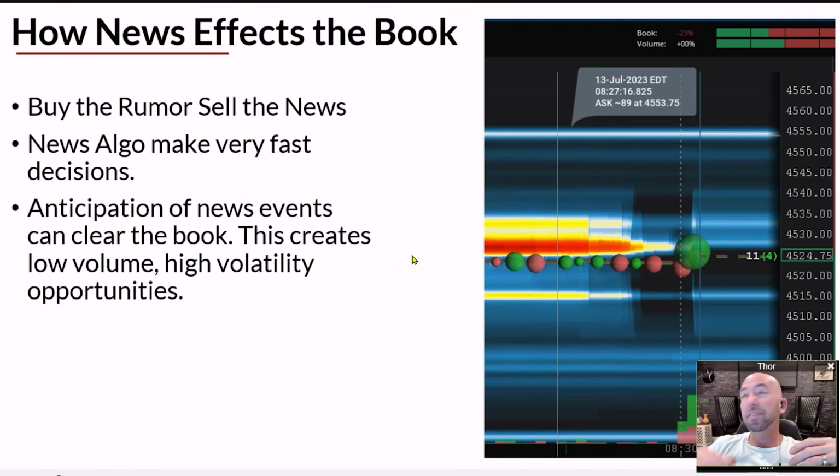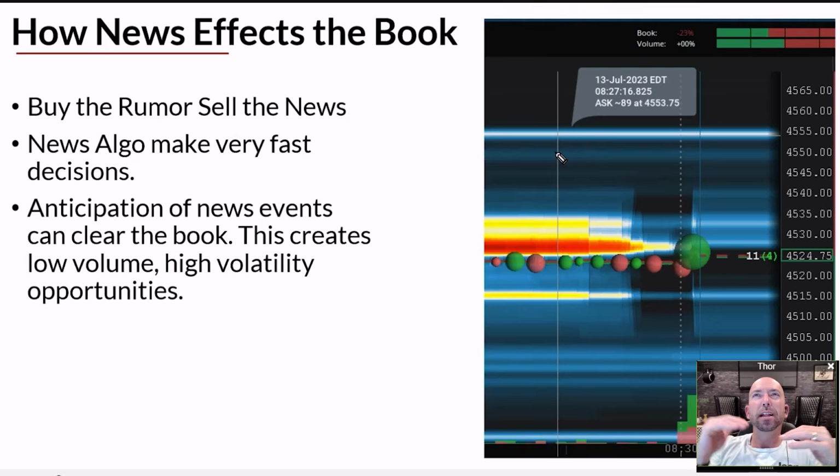I wanted to point this out for everybody, especially those who play the open. News really affects the order book a lot, and I want to show you what I mean by that. When I talk about market makers and value, one of the first things a lot of people think is that market makers have specific prices they're moving to, like in this instance 45.30, 45.35, 45.40, 45.55.